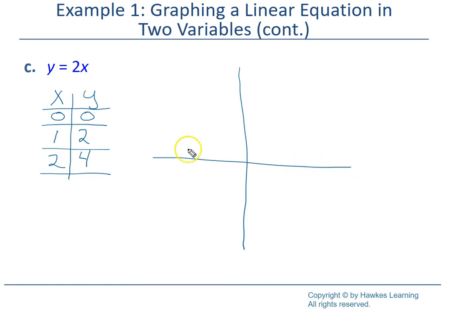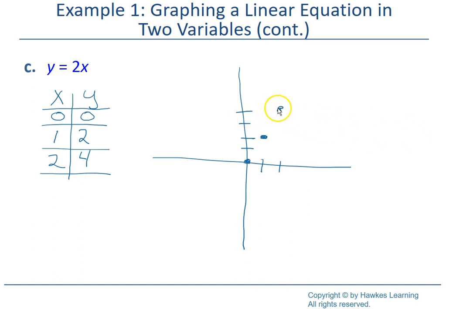So, sketching a graph, we have it going through the origin here. And then if we have 1, it goes up there. And if we have 2, it goes up there.